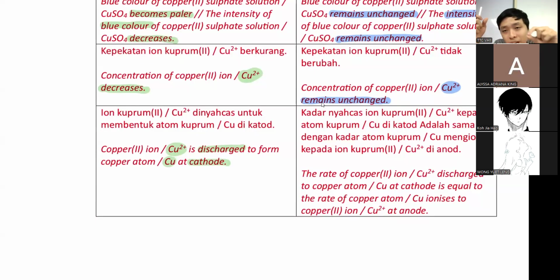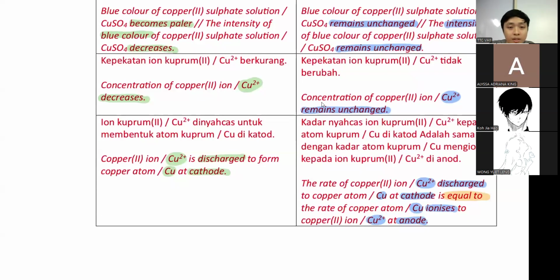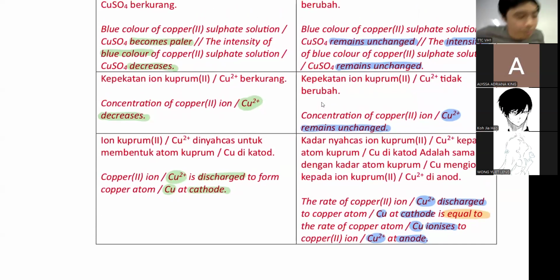The rate of copper(II) ion discharged to copper atom at the cathode is equal, the keyword is here, is equal to the rate of copper atom ionized to form Cu2+ at the anode. There you go, 6 marks. You can copy first.